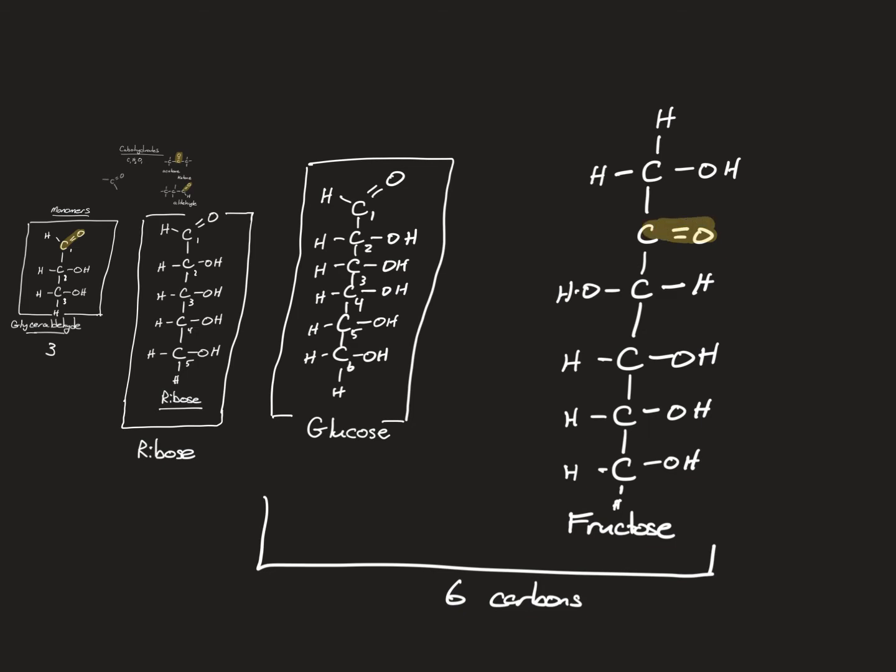It's almost hard to understand how it could make such a big difference. Is this double bond O being on the second carbon here instead of the first up there, right? Just changing it from an aldehyde to a ketone changes how we can process these two sugars. So fructose is that much different from glucose simply because the double bond is not on the end of the molecule, but rather in the center of the molecule.